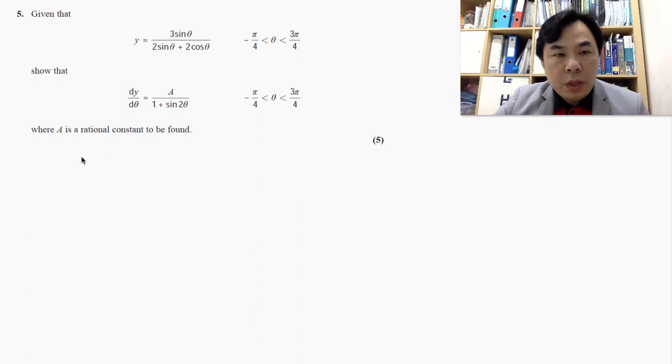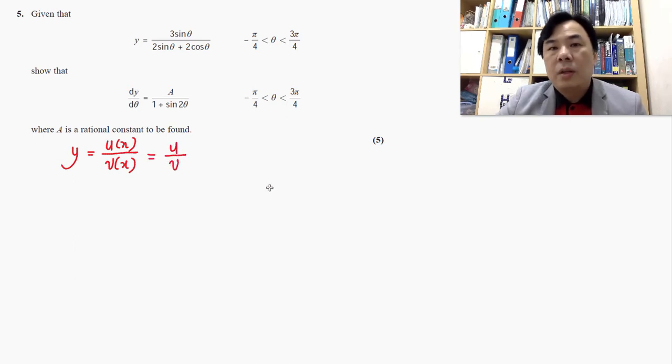Now just to recap, when are we supposed to use the quotient rule? Whenever you encounter an expression in this form, a function y with respect to x, or for simplification you can write it as u over v.